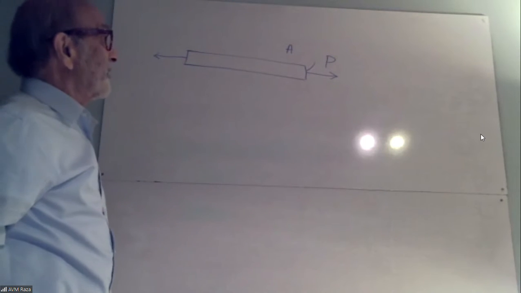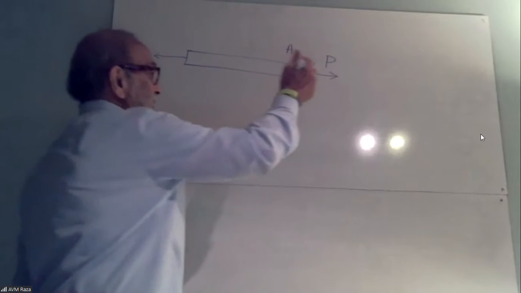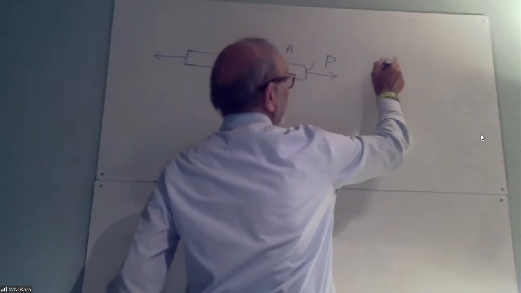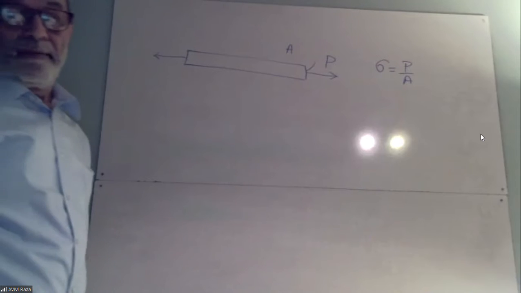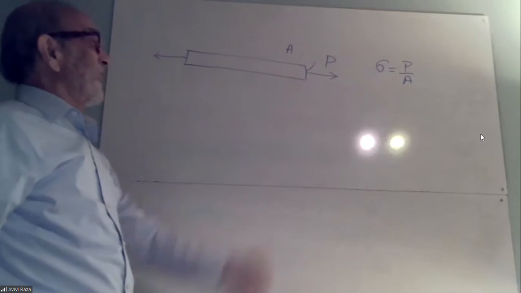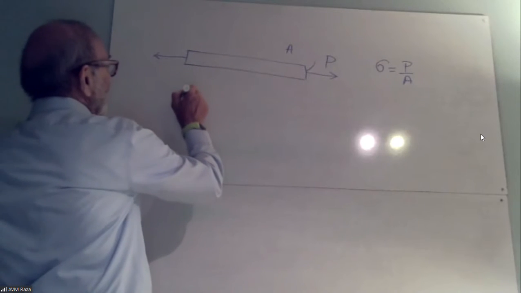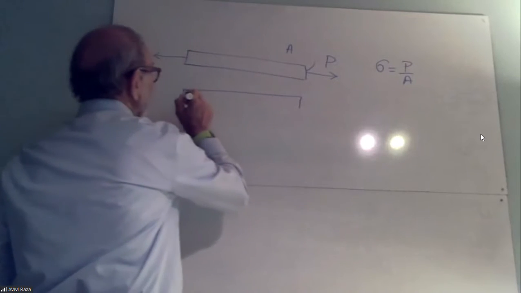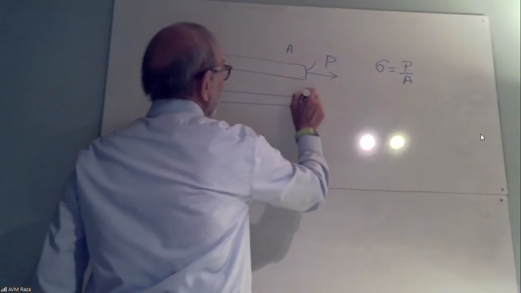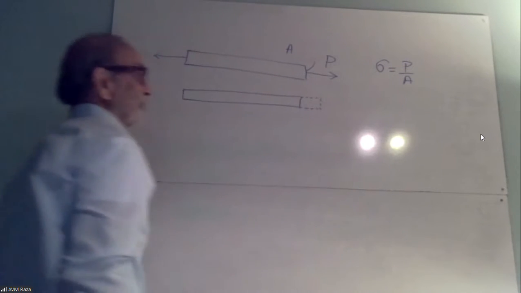Then we said that this is going to cause a stress in the member. And that stress is one of the normal stresses. For example, the stress is defined as P over A. But this is not all the action that takes place because of this load. What also happens is that this member, whose length was this originally, due to the application of that load, has an extension also.